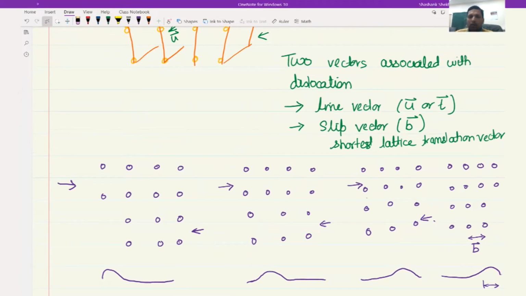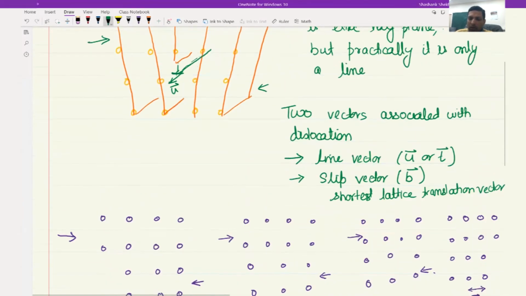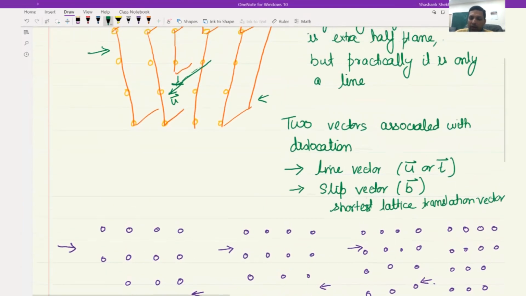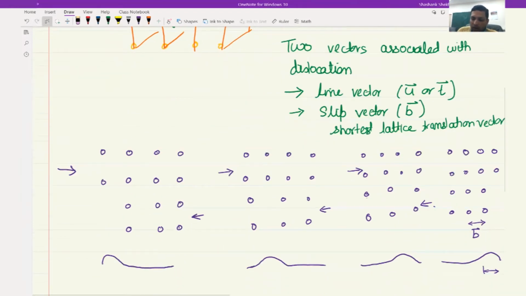Now this slip vector is actually defining not the direction in which the dislocation is moving, as you would see with respect to screw dislocation, but the direction in which the overall slip is taking place in the material. So here you can see the slip vector is along this direction, and this is the direction along which this whole step has formed.